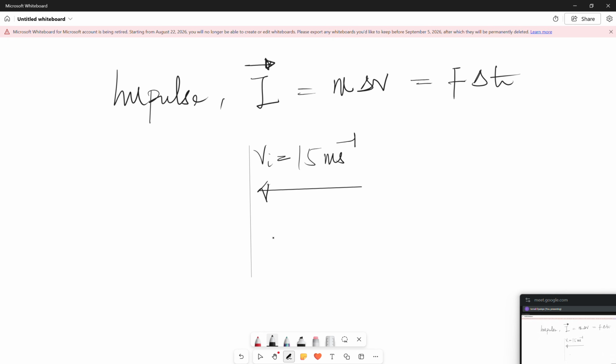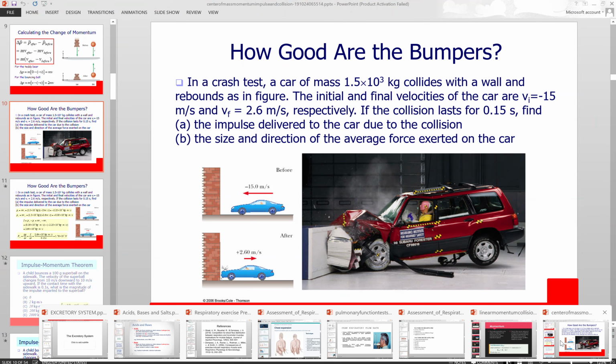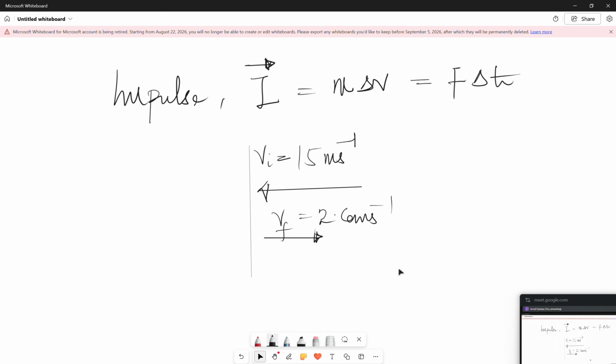Then by the time it collides, it rebounds with a velocity of 2.6, which we're given. The mass given there is 1,500 kilograms.